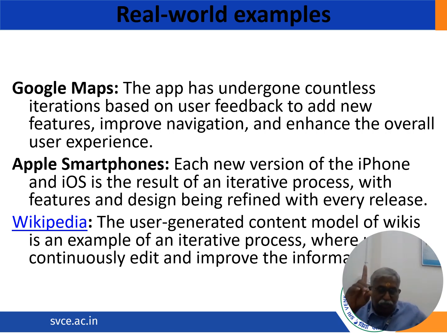The important thing, number one, is that Google Map shows the direction. With that direction, we need to go. The direction is the shortest distance it will show. That is the unique selling proposition of Google Map.